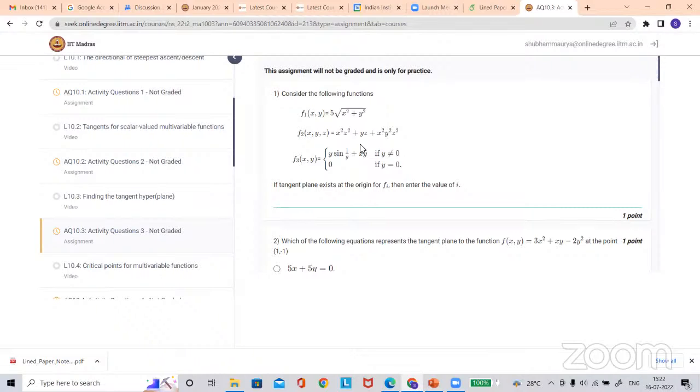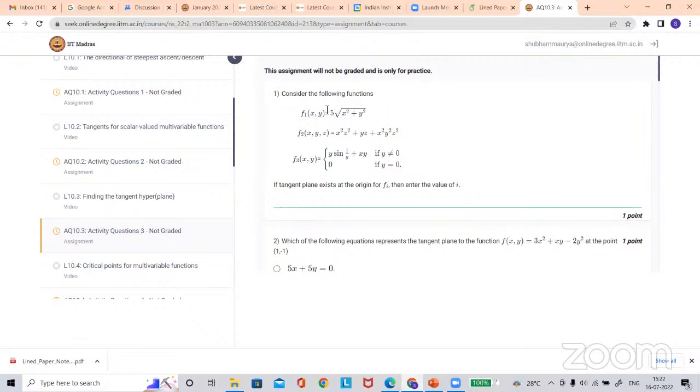This is just talking about the same thing. When you are sure that the tangent plane exists, the theorem tells you that the function is going to be continuous and the gradient should exist.